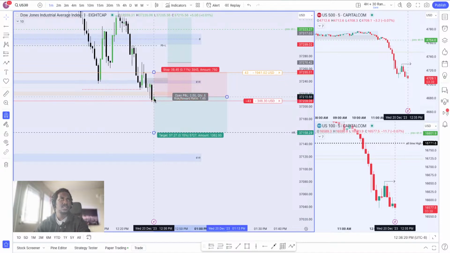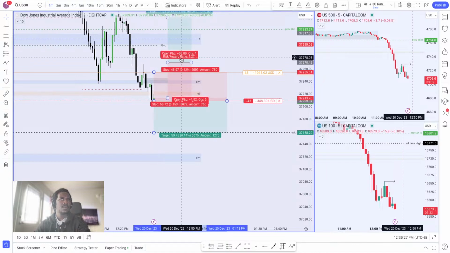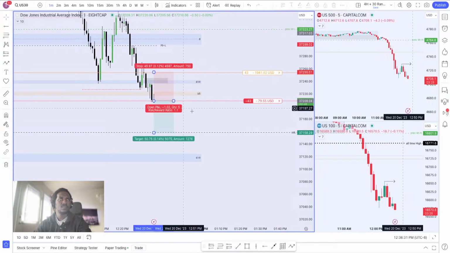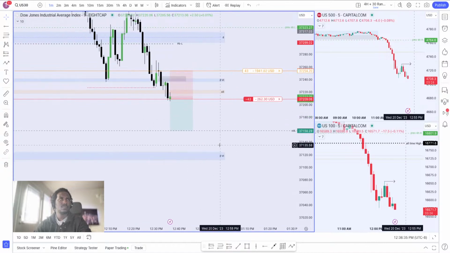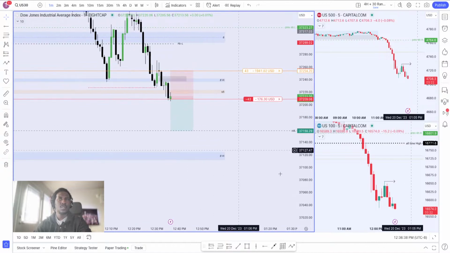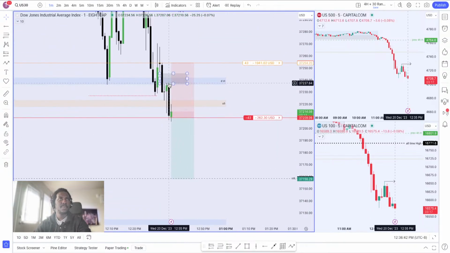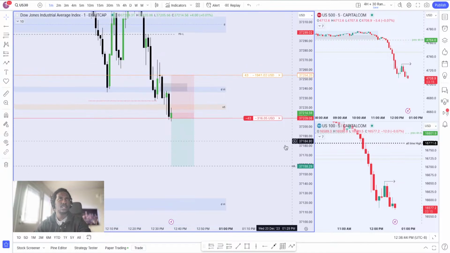I think this is the one that we entered with. Otherwise, my buy signal is up right here to see if we can go up.